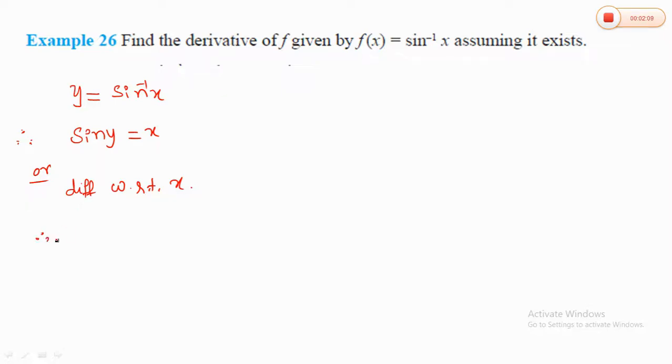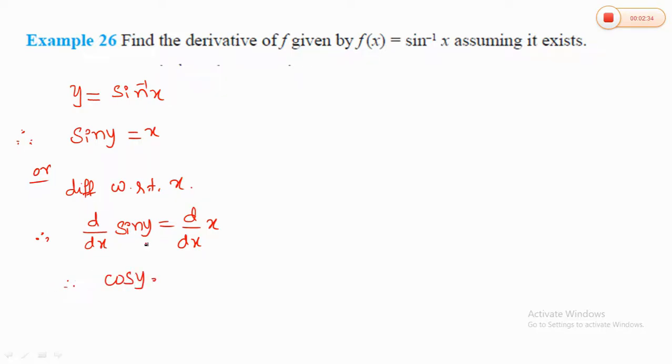So the derivative: d by dx of sin y equal to d by dx of x. At present it is implicit, so differentiating with respect to x, first we come across sine, therefore this equals cos y.